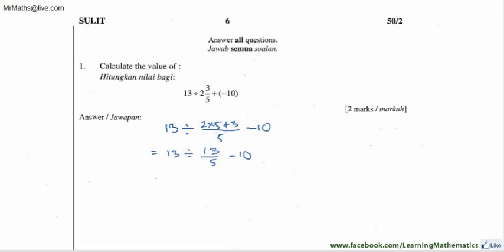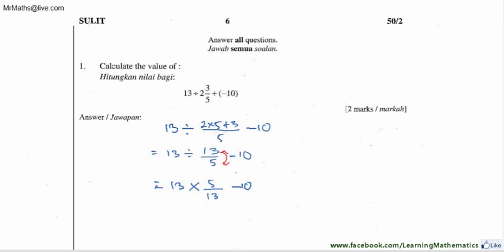Okay, take a look at this. You probably want to learn this. 13, when you divide by 13 over 5, you can convert it to multiply, but this fraction here will go upside down. So 5 at the top, 13 becomes the denominator, and then minus 10.